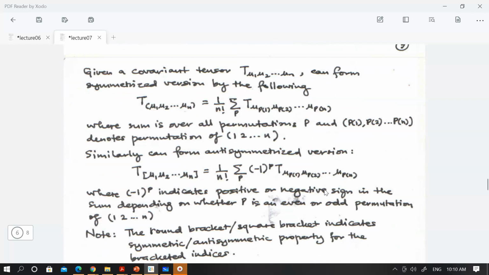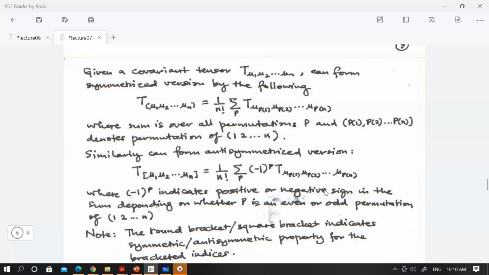Generally, we can form what we call a symmetrized version given a tensor. What we do in this particular case, this is a shorthand notation to say that it's being symmetrized. Okay, this bracket here. What it does is to take all possible permutations of the indices and then sum it and then normalize it by 1 over n factorial, because that's the number of permutations that you can actually have.